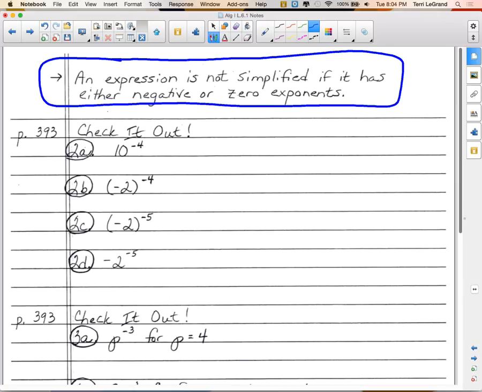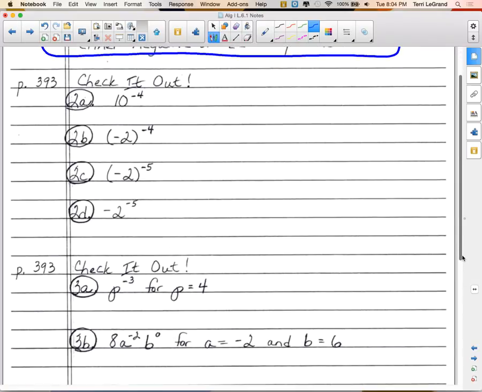Just like if you started with 36 over 72 and got it down to 3/6, you might say I'm done. No, you still can simplify that: 3/6 can still be simplified to 1/2.